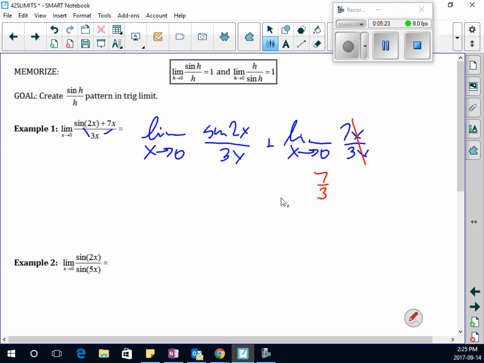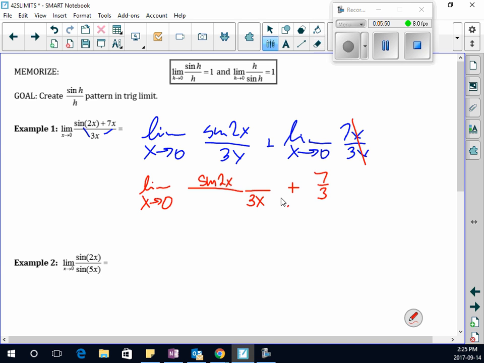So my goal, remember, is to get this pattern. This is where it gets complicated. We can't take the 2 out, but I'm going to write sine of 2x, and I'm going to put the 3x beside this. Okay? Do you agree? If this is 1 and this is 1, this fraction is still true. Again, the goal is to match whatever's here with the bottom.